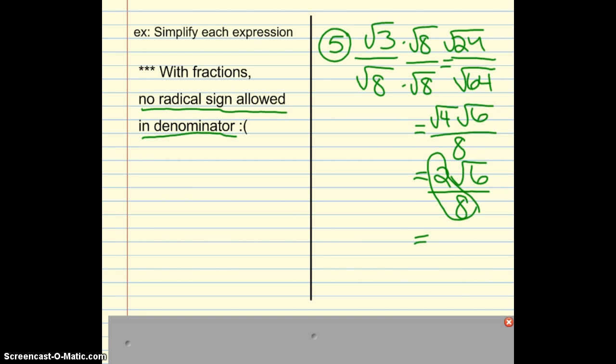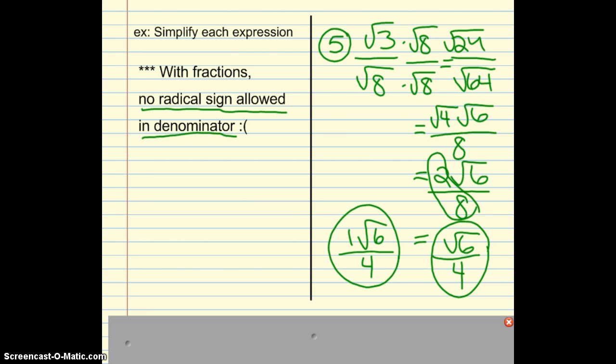So my final answer is square root of 6 over 4. Now I could put a 1 out front, but when we have a 1 out front, we usually just remove it anyway. But whichever way you guys would like to think about it is fine.